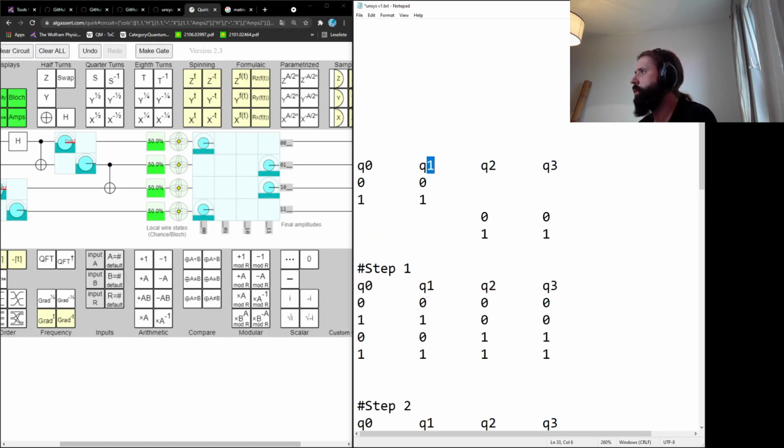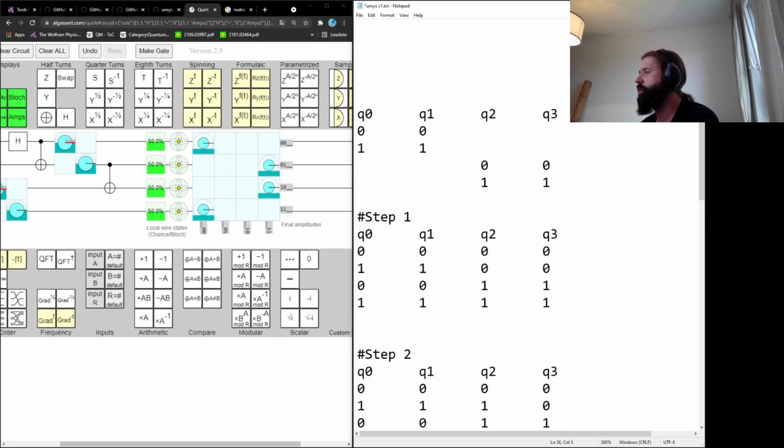Now, what if instead of saying, okay, now I have a CX node between Q1 and Q2, what I will just do is create new edges that reflect that, right?